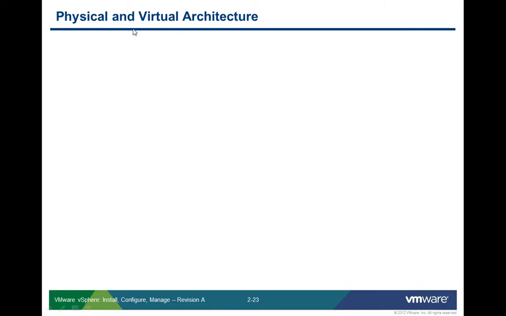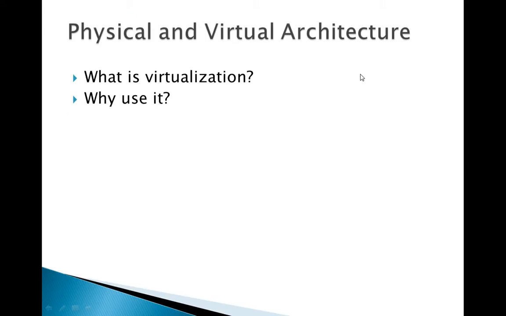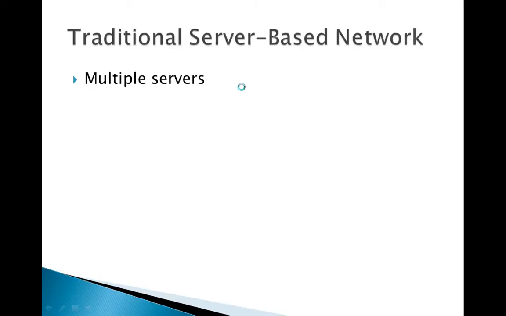Let's look at physical and virtual architectures. We will ask the question, what is virtualization and why use it? Before we look at virtualization, let's look at non-virtualization. Let's look at the traditional physical servers, whereby you have traditional architecture, traditional server-based network, whereby we have multiple separate servers.